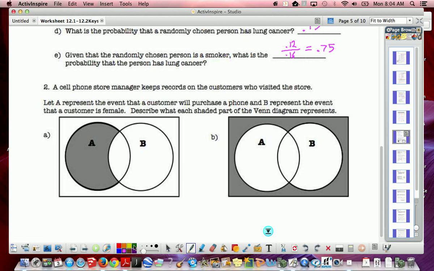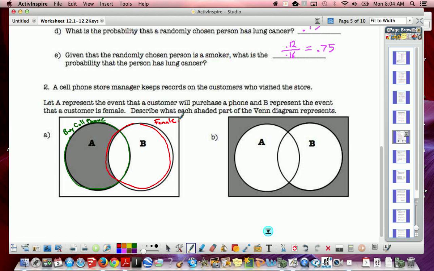Again, I'm going to note what these values mean. A here represents that they buy a cell phone. I suppose I could have put BCP for that. Event B is that they are female.